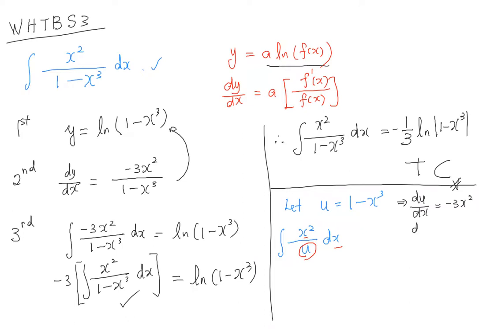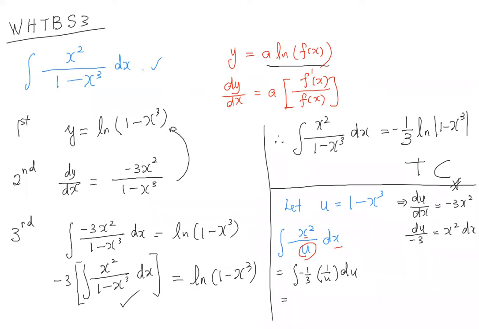If I rearrange this, isn't it now I can substitute x squared dx with negative 1/3 du. Am I right? So now I substitute in. So now all in variable u. Am I right? So next step.